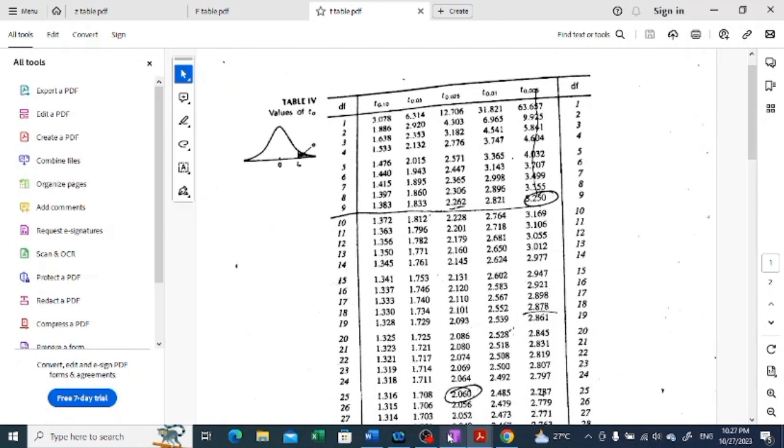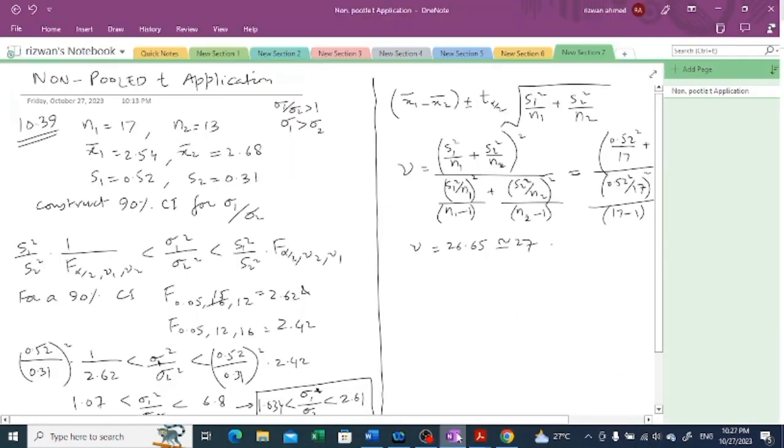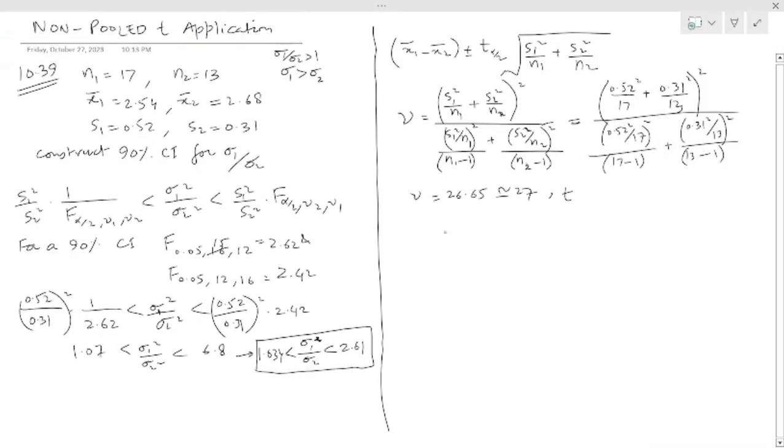So the t value for 90% CI, t 0.05 with 27 degrees of freedom, is 1.703, and this is just a matter of substitution of values in the formula.